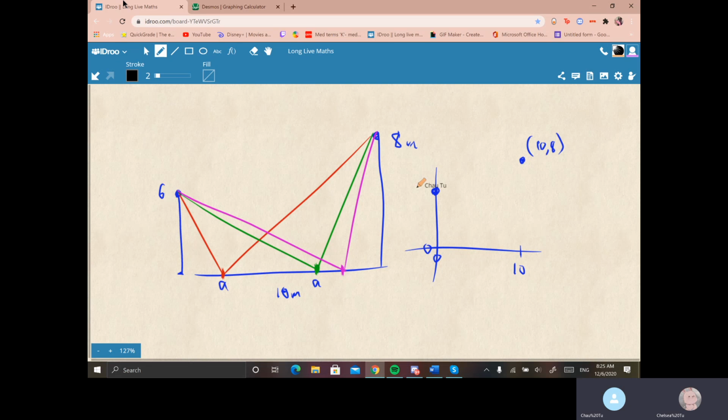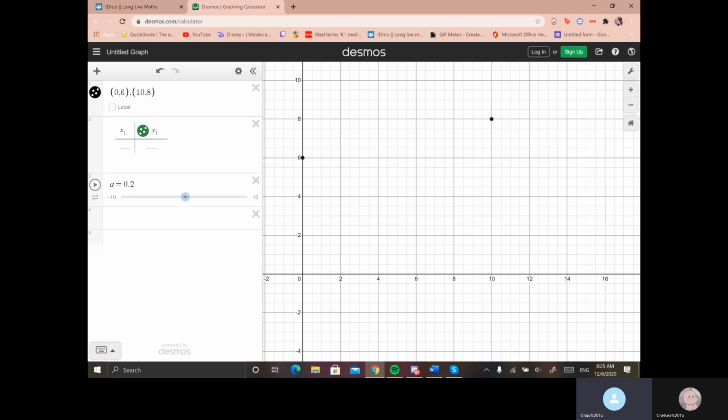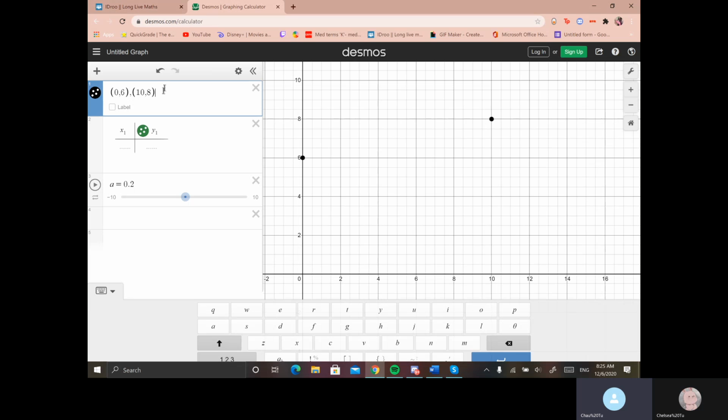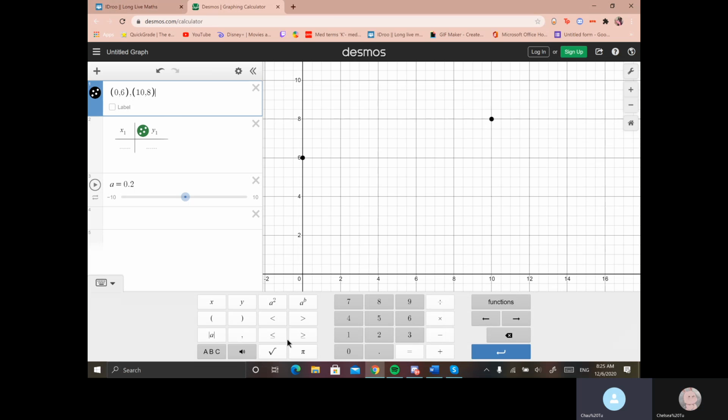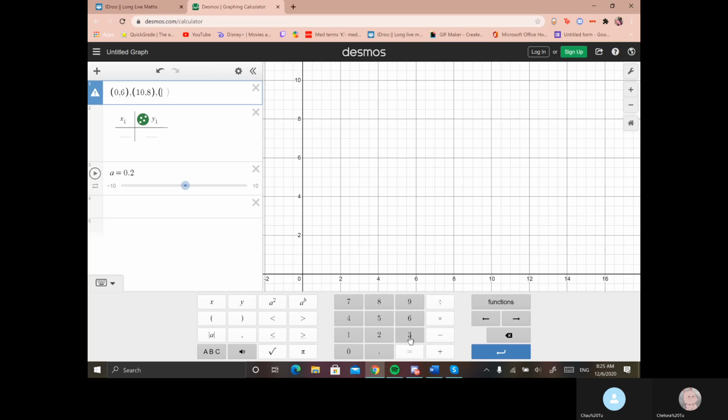Okay, so go back to Desmos. Select our point. Put in another point, Chelsea. Go to the top input, the first box, and right at the end, put another comma in there, and then open bracket. I want to add another point.